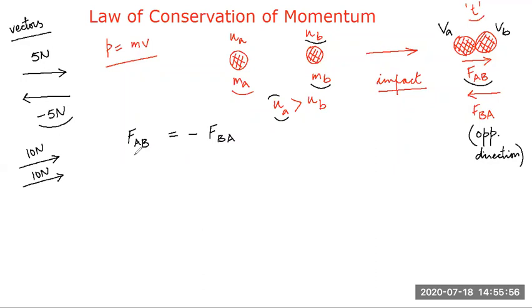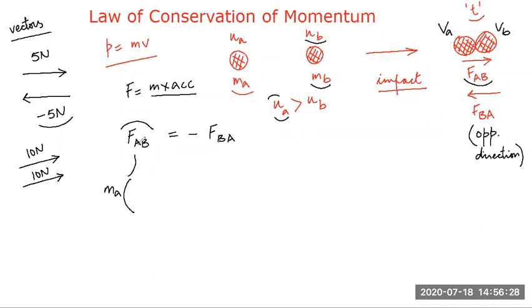Now according to the second law of motion, force is equal to mass into, tell me students? Acceleration. Very good. This impact happened for time t. Now what is FAB? Force applied by body A on body B. This force is equal to mass of body A into acceleration of body A. What is the acceleration?